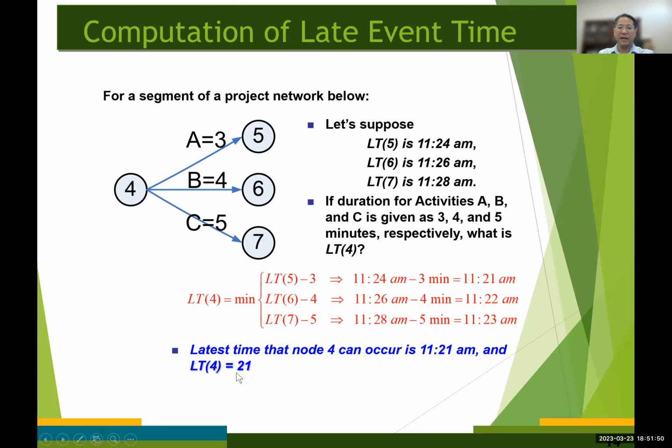So the latest time for event number 4 becomes 21, which is equal to 11:21 a.m. So that's the logic behind why we choose the smallest value when we compute the late event time, okay?